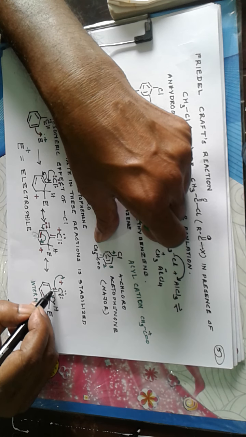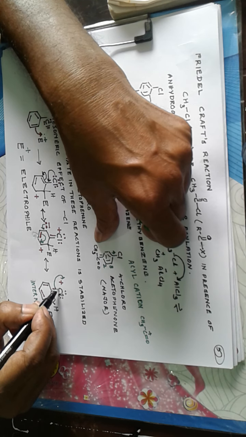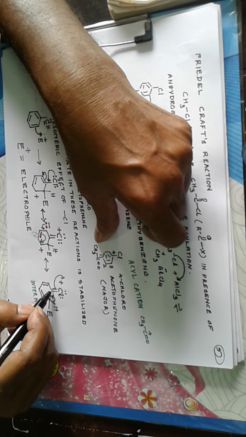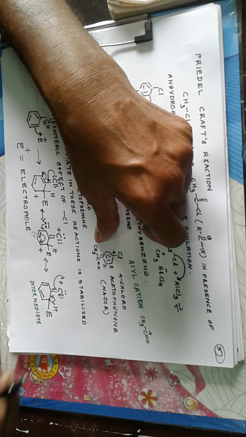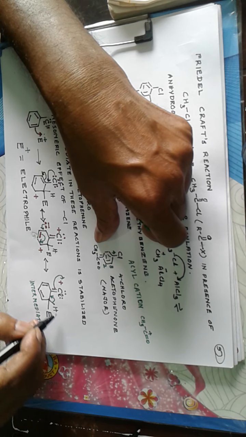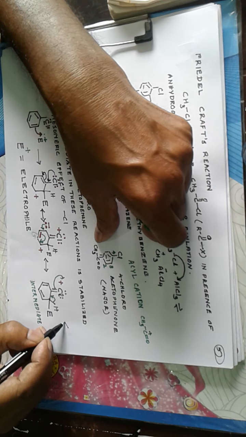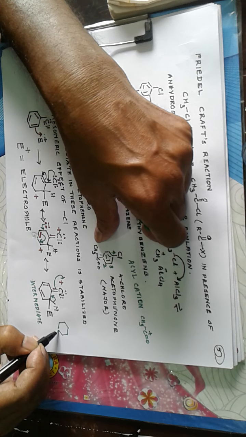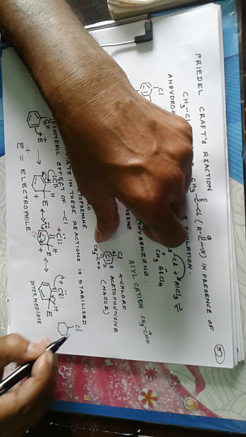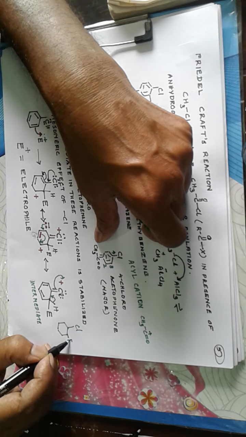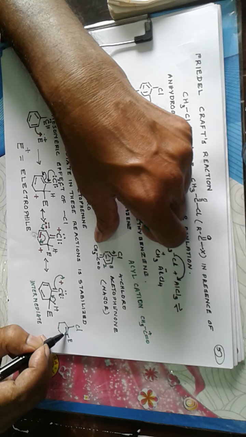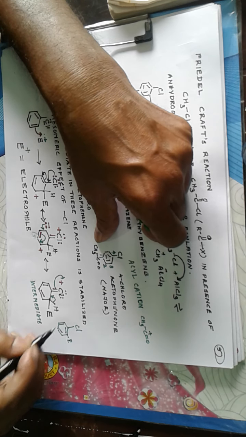In the sense, this bond pair will be taken up completely by the orbital of chlorine, so that the chlorine is now getting the share of electron here, and its charge is getting neutralized, and H is removed as H positive, and we get the product Cl, E, the electrophile, bond here, and bond here for the product.